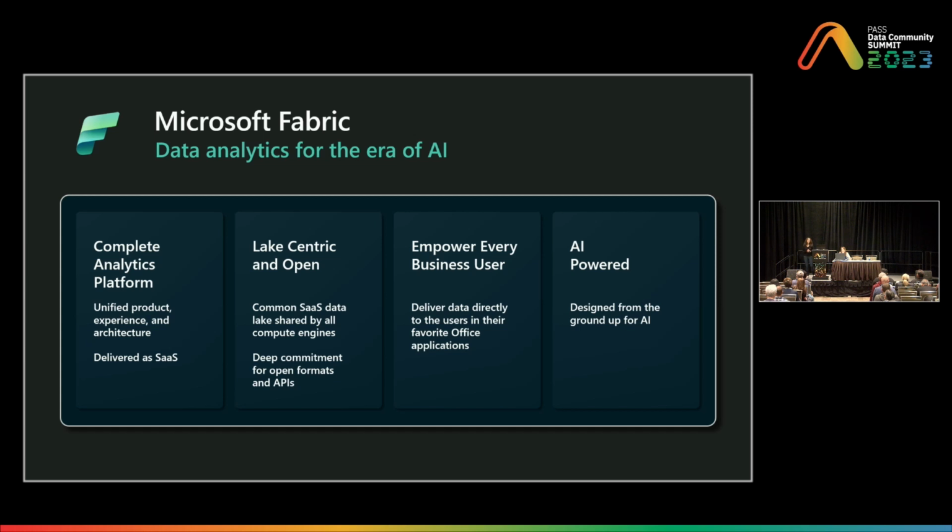We've talked about AI a lot, and Fabric as well is AI powered from the ground up. We've built all of Fabric with AI in mind. All of our experiences, all of the editors, whether it's a SQL editor, a notebook editor, any of the editors are powered with Copilot experiences, and you will see that across the board.